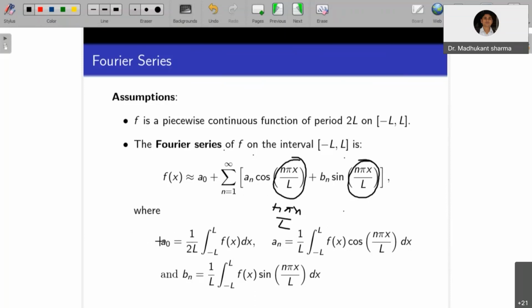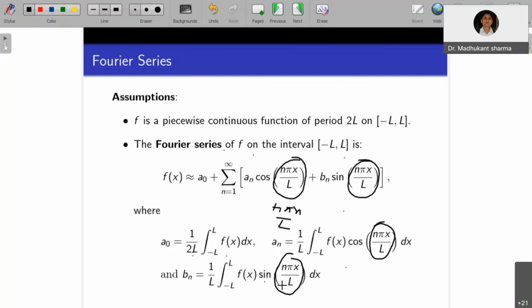Accordingly, you also have to replace in the formula: L is replaced by pi. And x is replaced only in the argument of the cosine and sine, not inside the f. So sine of n pi x by L, cos of n pi x by L. These are the only notations that change.